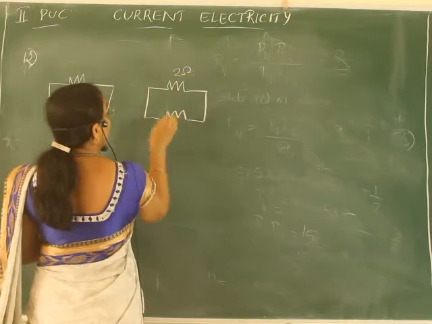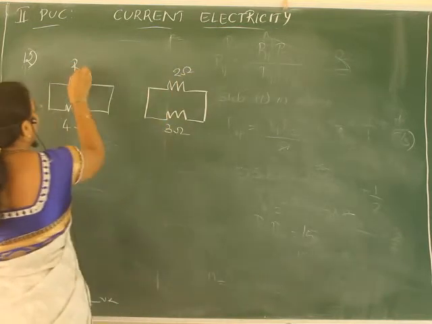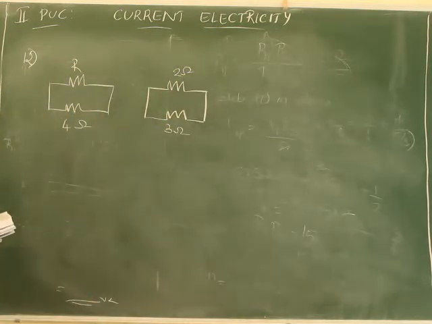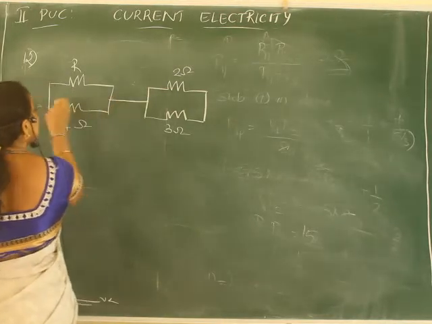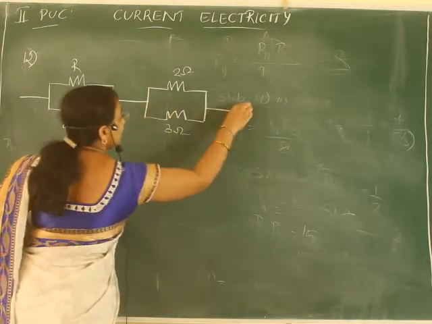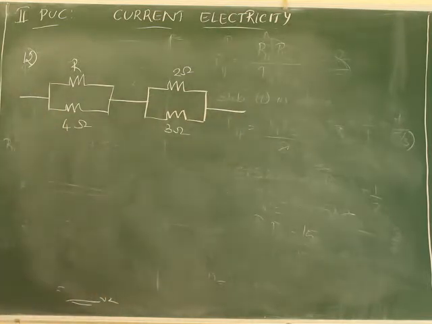The effective resistance of these two combinations when combined in series. So these two combinations should be connected in series. Okay. What is the effective resistance? 3.6 ohm. Find the unknown resistance.